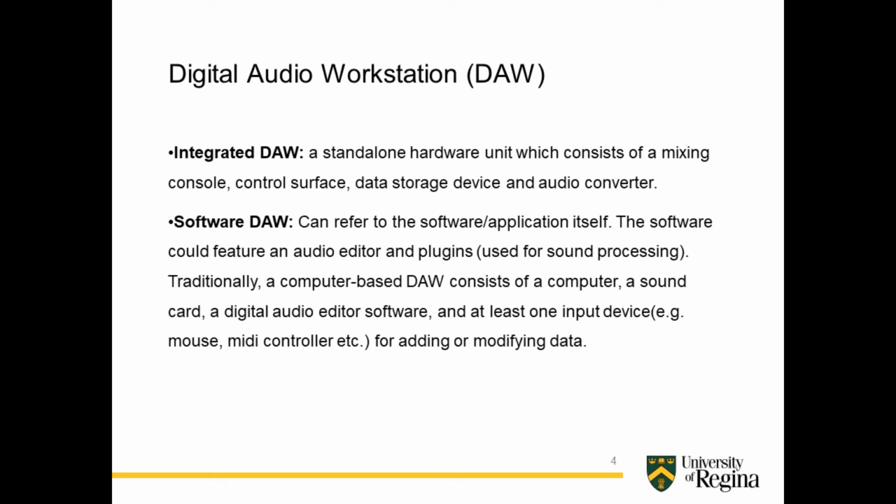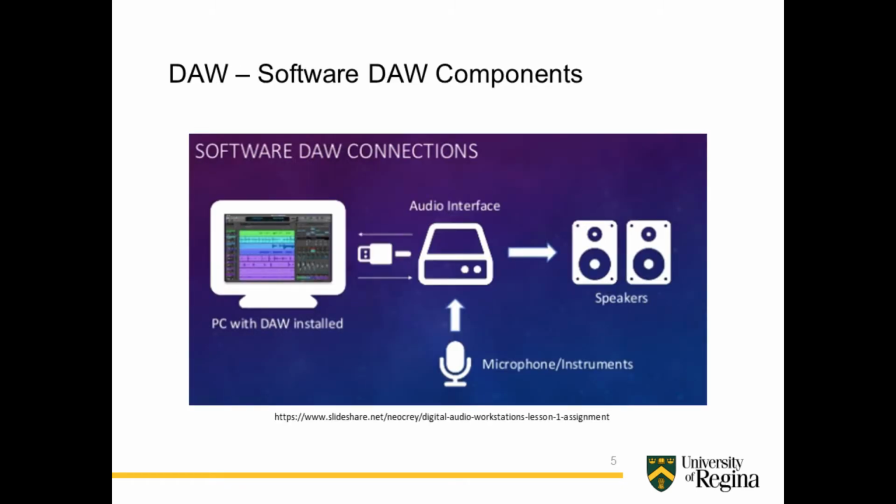That input device can be a mouse, or it can be a MIDI controller where you can play notes. If you have plugins, like keyboard plugins for example, you can play notes with a MIDI controller.